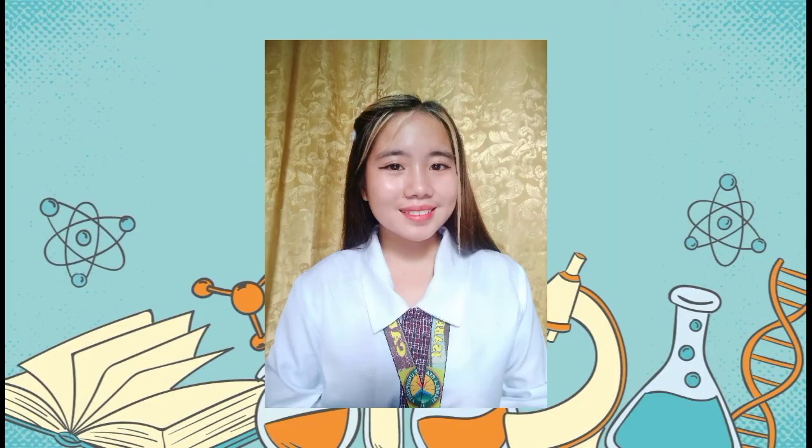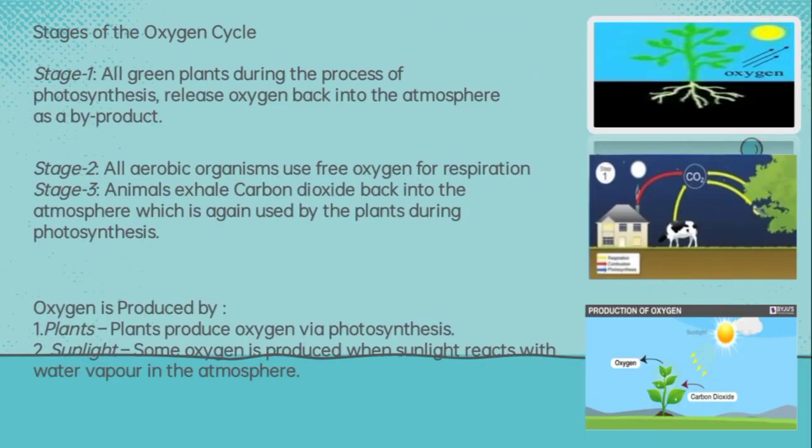We now know that the oxygen cycle is a process by which oxygen is generated and used. So what are these processes? Oxygen is produced by the following. First, plants. Plants produce oxygen via photosynthesis. Hence, the leading creators of oxygen are plants by the process of photosynthesis.